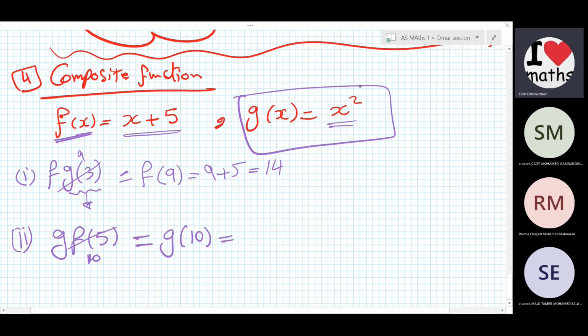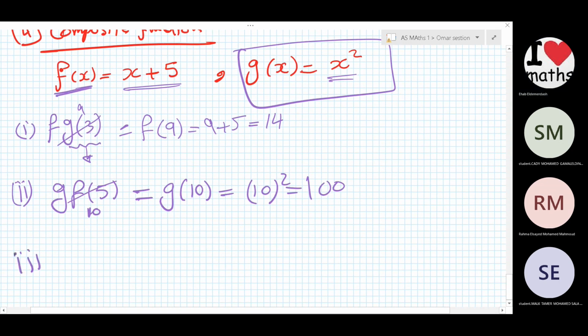So g of 10 will be 10 to the power of 2, يعني هنا 10 power 2 اللي equal 100. Am I clear؟ مفهوم يا عيال ولا لا؟ طيب let's go for the third one.